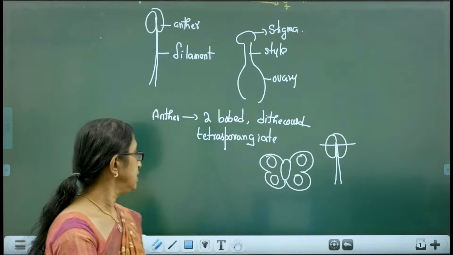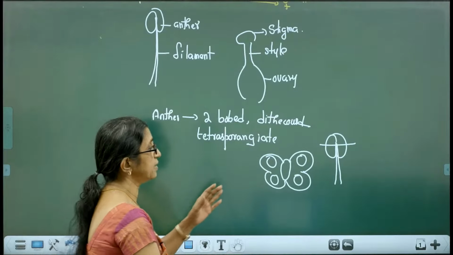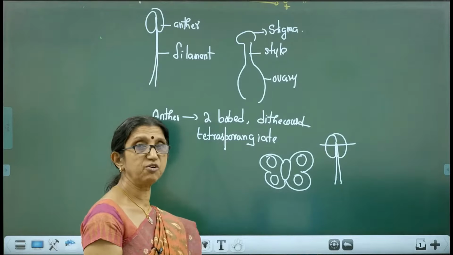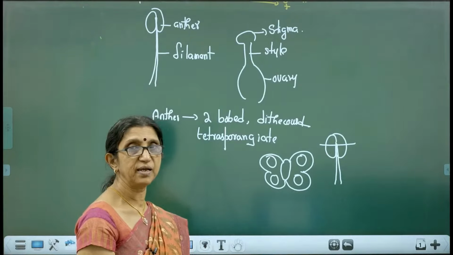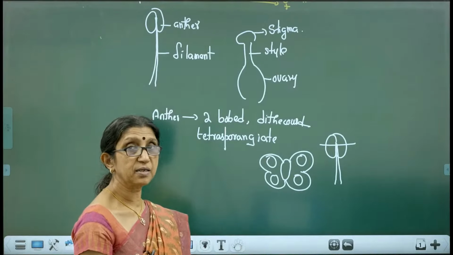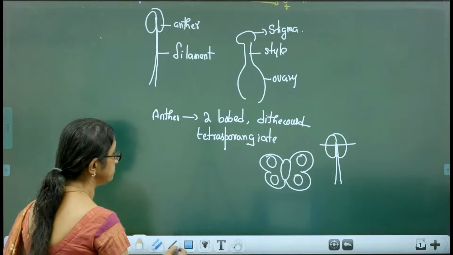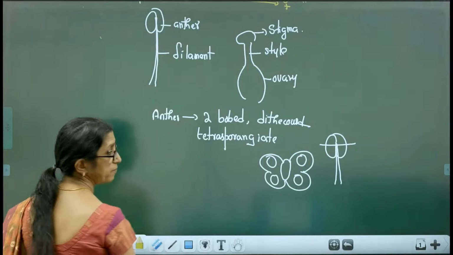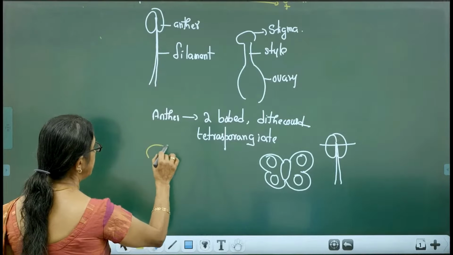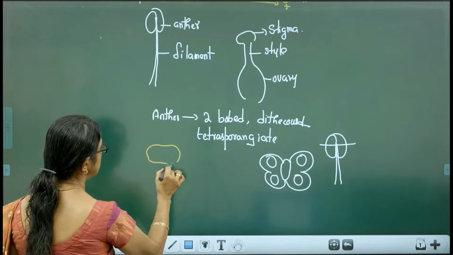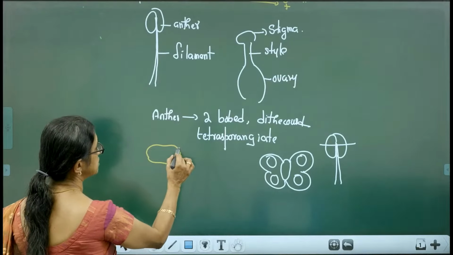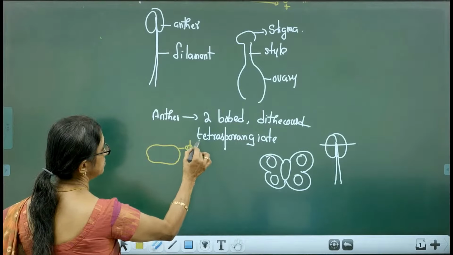Now, let us see how this type of anther develops. That is the ontogeny of the anther, or development of the anther, and its structure at maturity. In the beginning, it appears as a homogeneous mass of cells, delimited externally by epidermis.